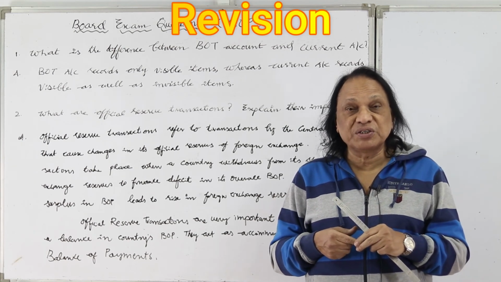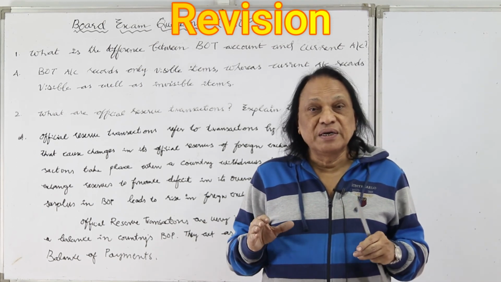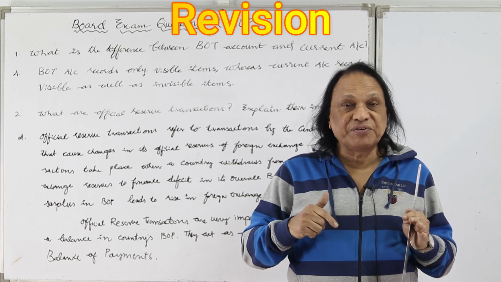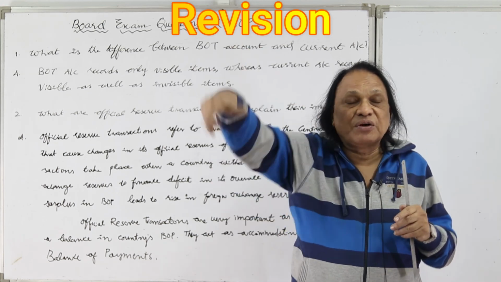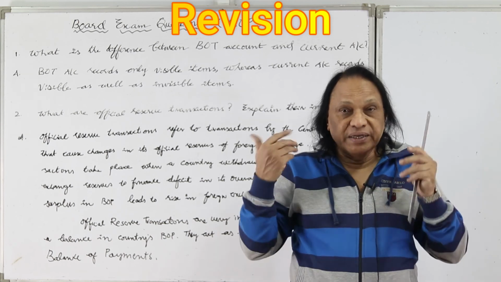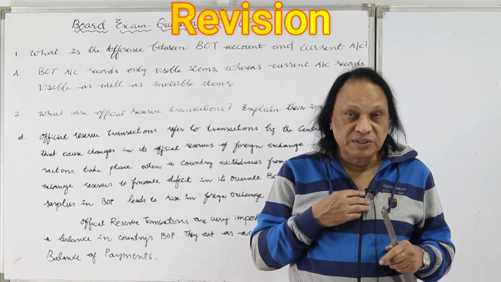To put it, official reserve transactions are very important in balance of payments because they maintain a balance in BOP. In case of a deficit, the government runs down the official reserves to bridge the gap. In case of surplus, they increase the official reserves of the central bank.